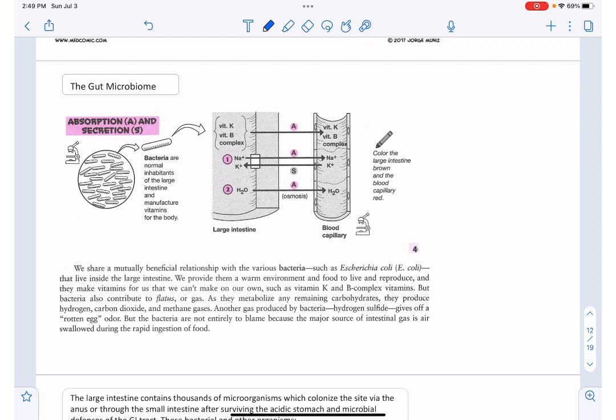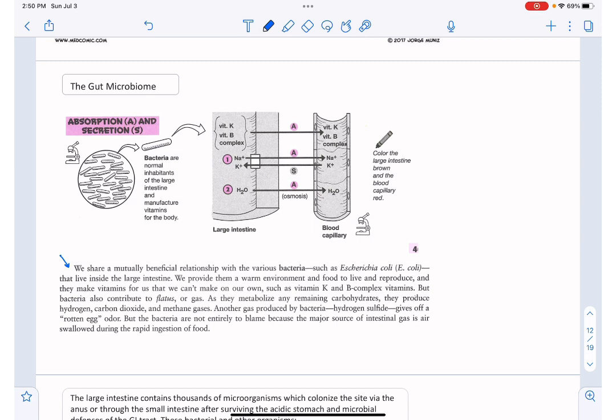I'll just go ahead and read a little bit about that. It says, we share a mutually beneficial relationship with the various bacteria that live inside the large intestine. We provide them with a warm environment and food to live and reproduce, and they make vitamins for us that we can't make on our own, such as vitamin K and B complex vitamins.